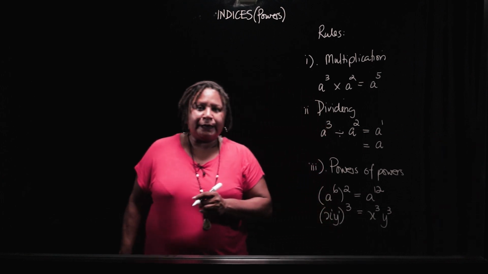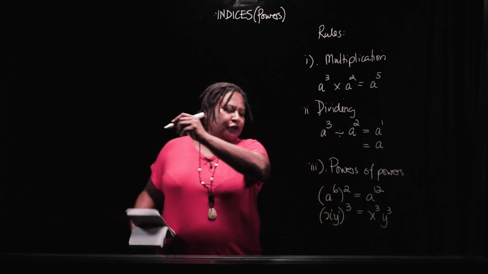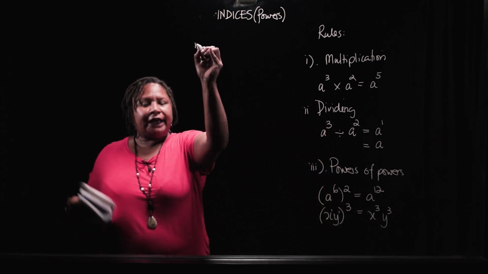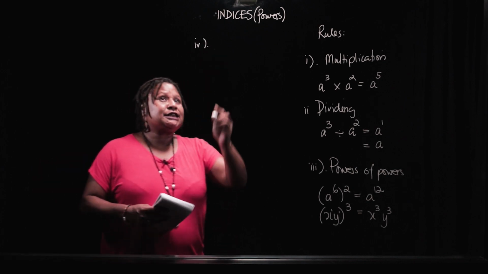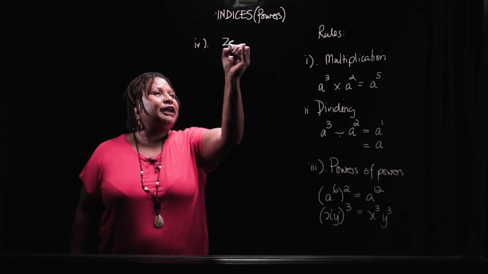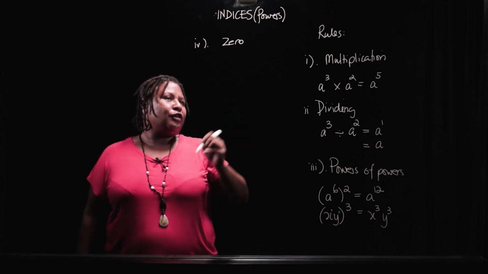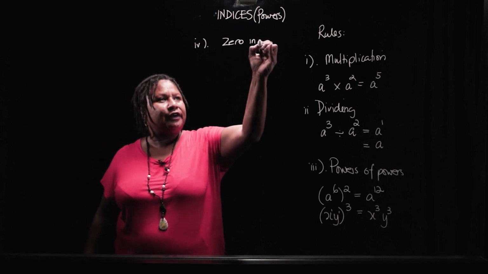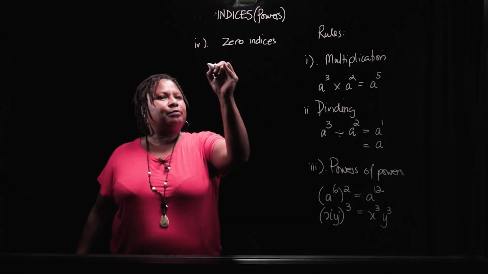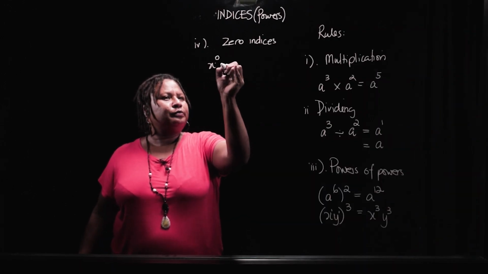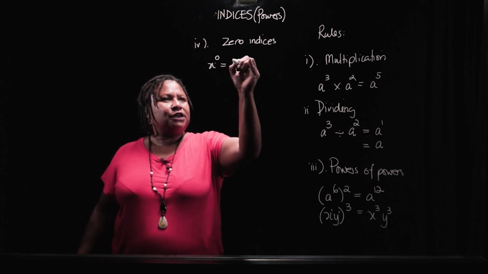Moving on, we have the fourth rule, which states that any number that is raised to the power of 0 is equal to 1. So if I have a term x to the power of 0, that is going to be equal to 1.